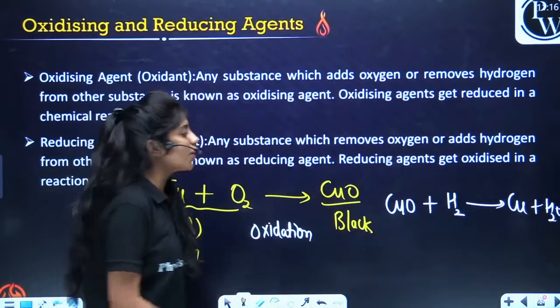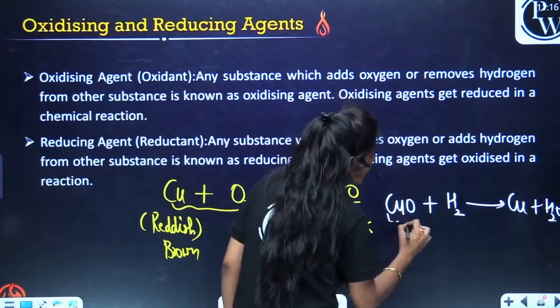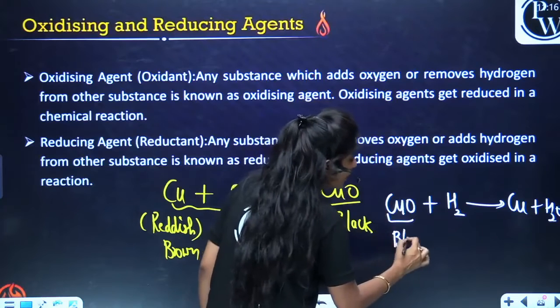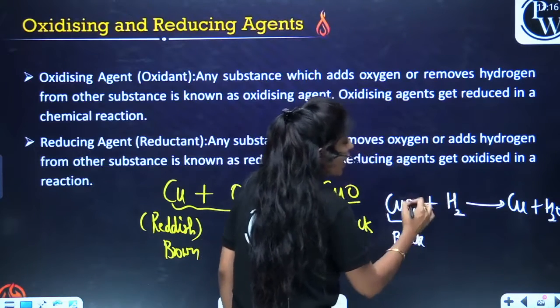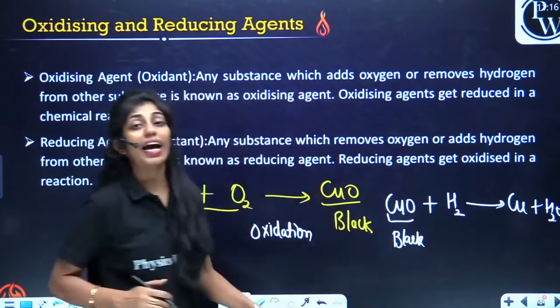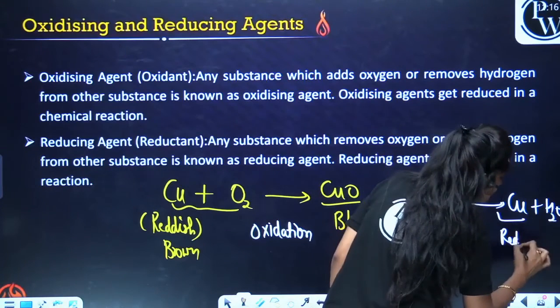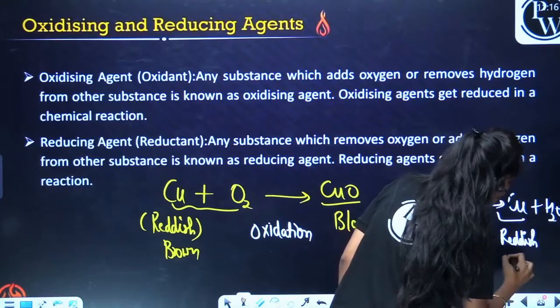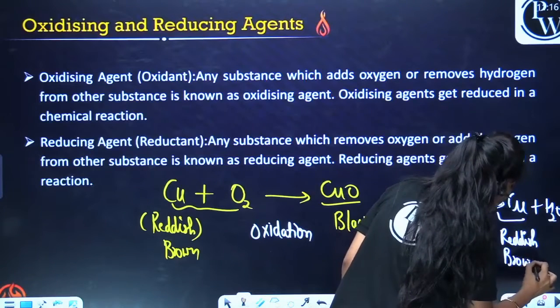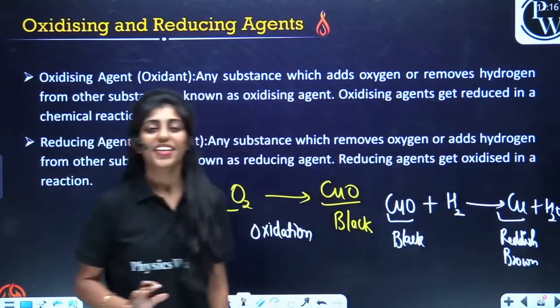So you can check what is happening here. Basically here copper oxide, which was black in color, hydrogen gas which is passing through this black color residue, giving you back the reddish brown solid, and there is formation of water. So what is that?